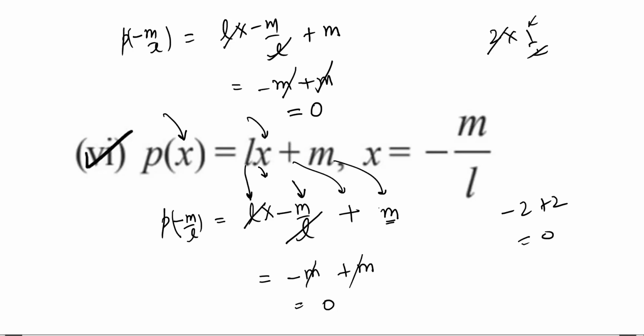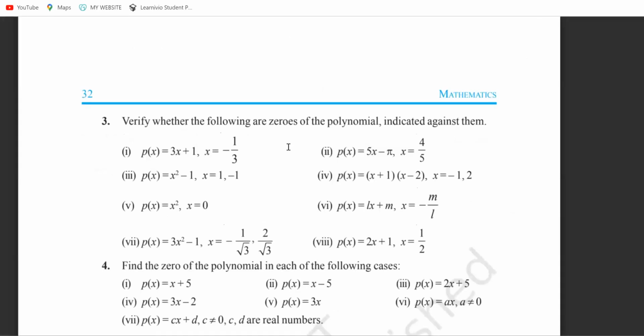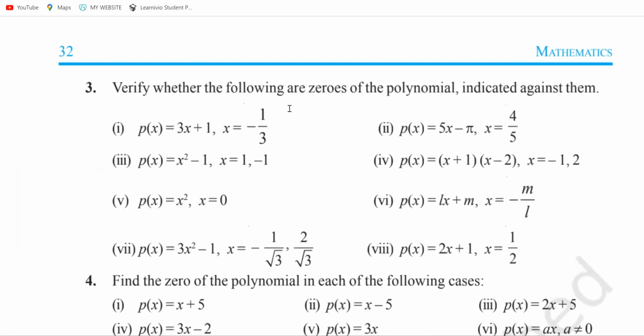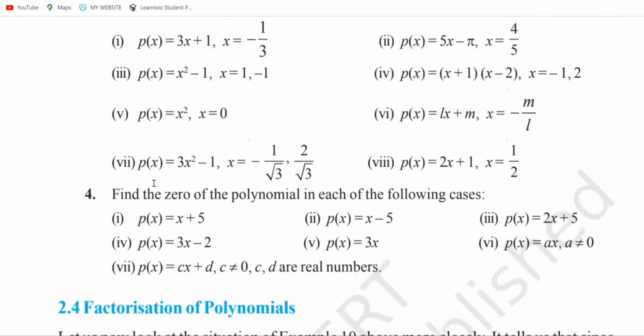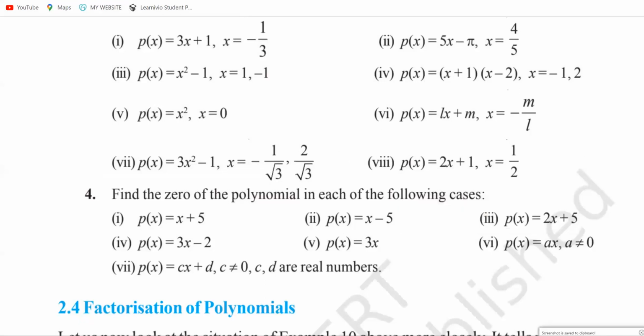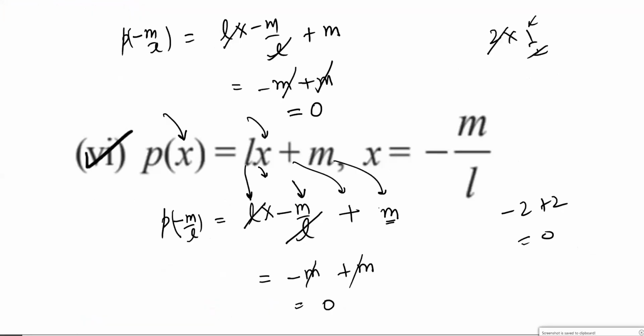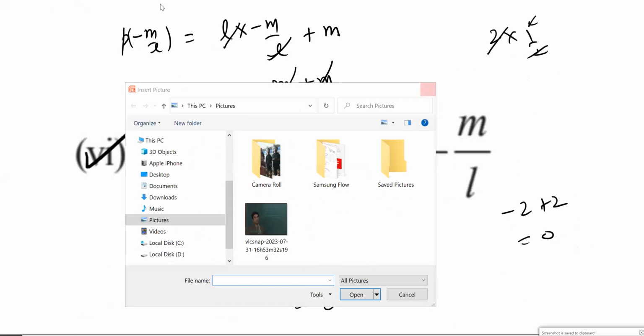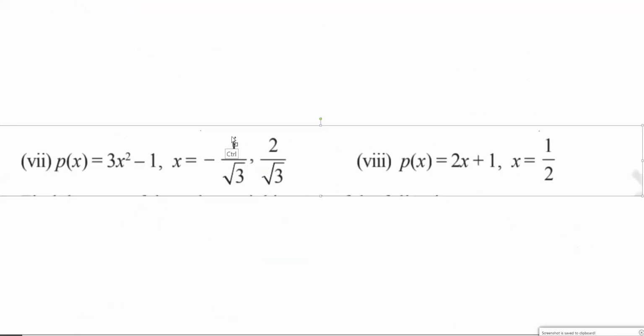Done? Okay. Now do this one. Do these two.